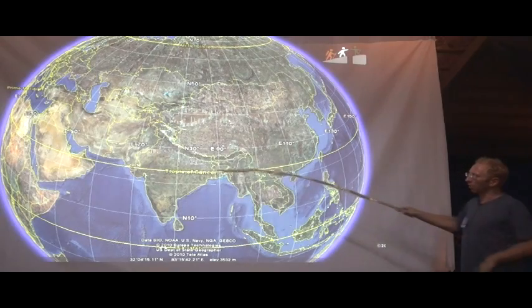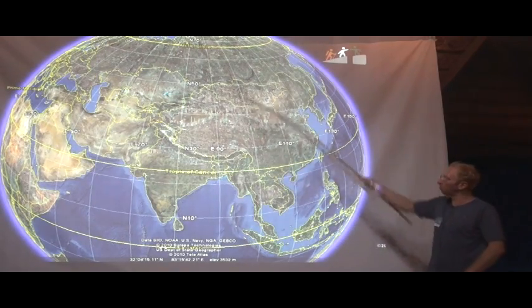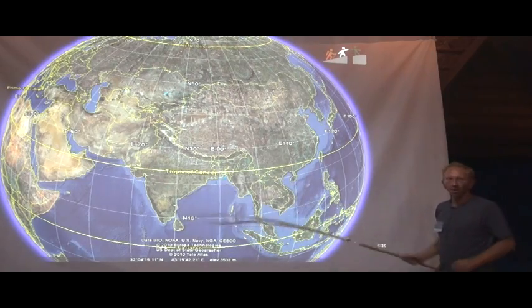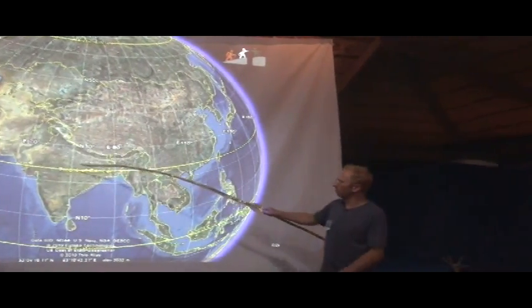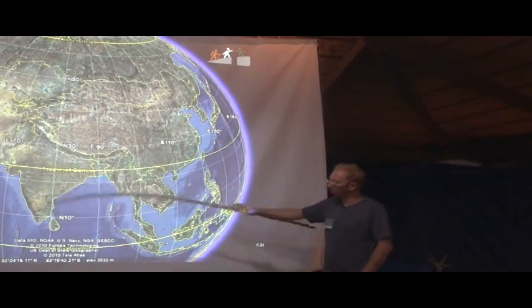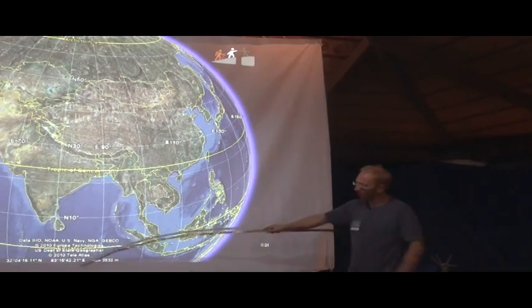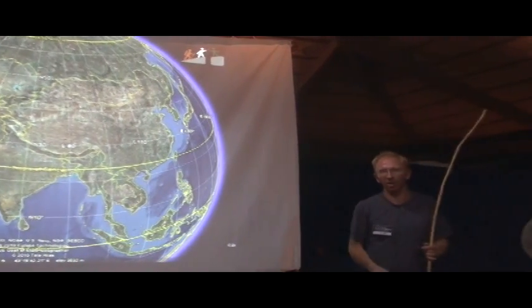Similar to your horizontal position, if you start going away from the equator, either to the North Pole or to the South Pole, that is going to determine your latitude. From the equator to the North Pole, that will be 90 degrees. From the equator to the South Pole, that's 90 degrees to the south.